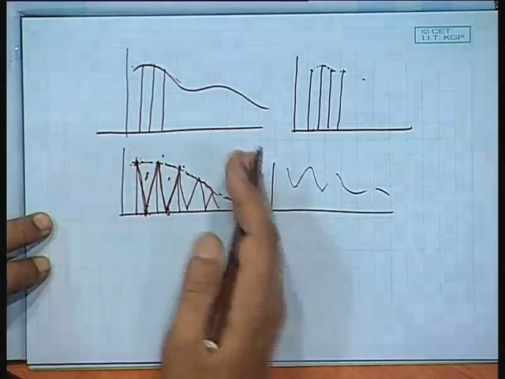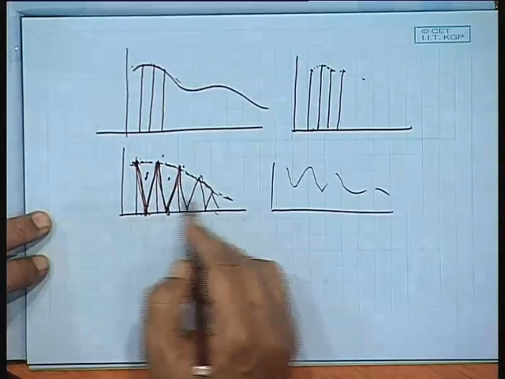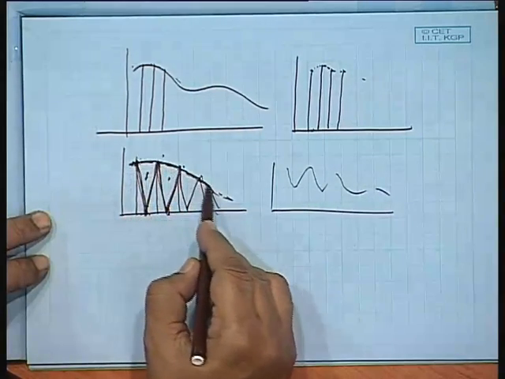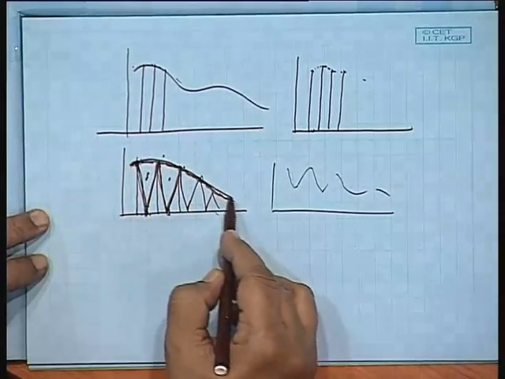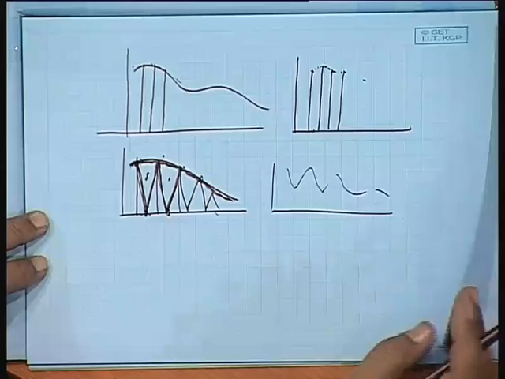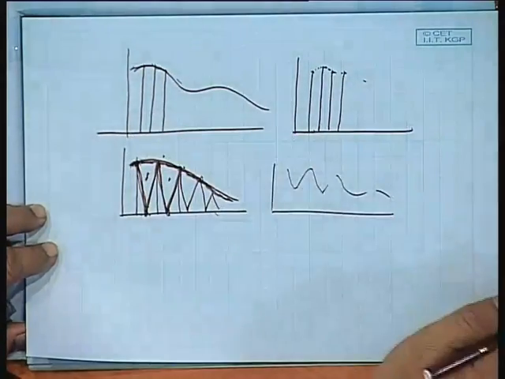If I filter this, it will give me an output whose frequency transform will be describing more or less the original analog signal, which was described by this practically.